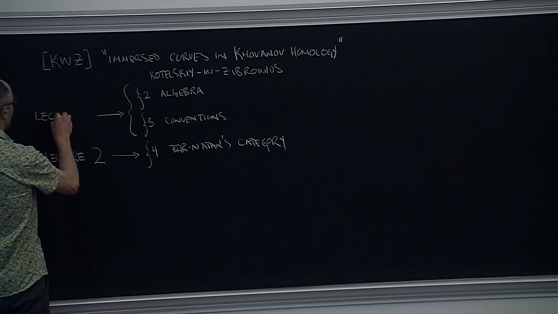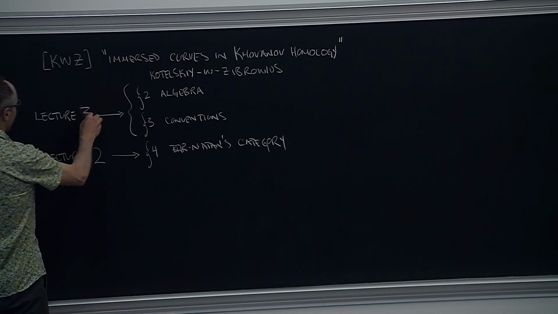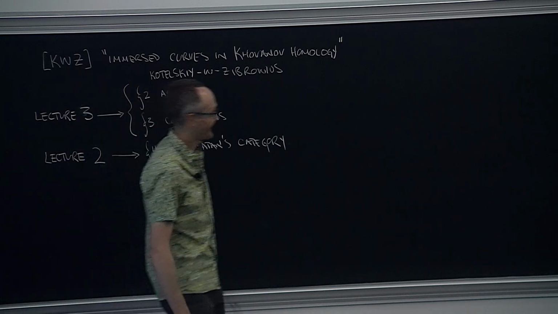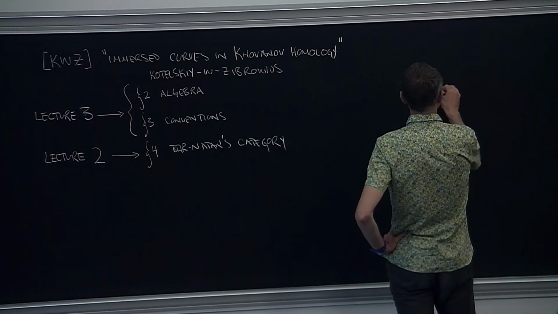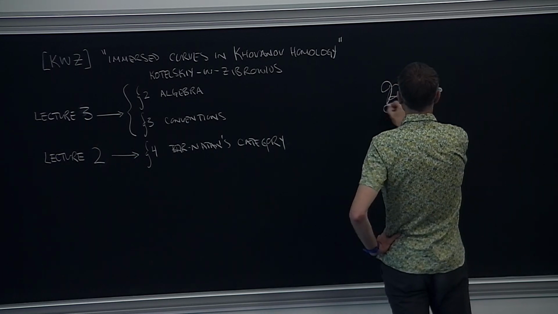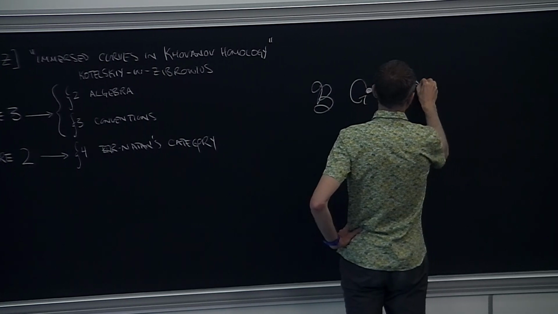And this is today's lecture. I guess I really want to be done. And OK, so what did we learn last time? That there's an algebra, which we'll denote by B, which has two idempotents.